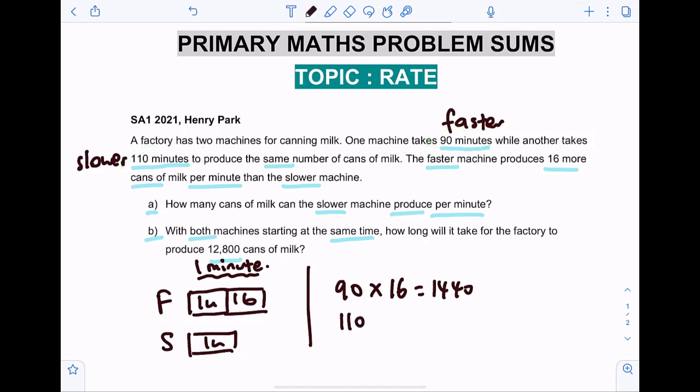So 110 minus 90. The slower machine will take the next 20 minutes to produce these extra cans of milk. So if they're asking how many cans of milk the slower machine can produce per minute: for 20 minutes, it is producing 1440 cans.